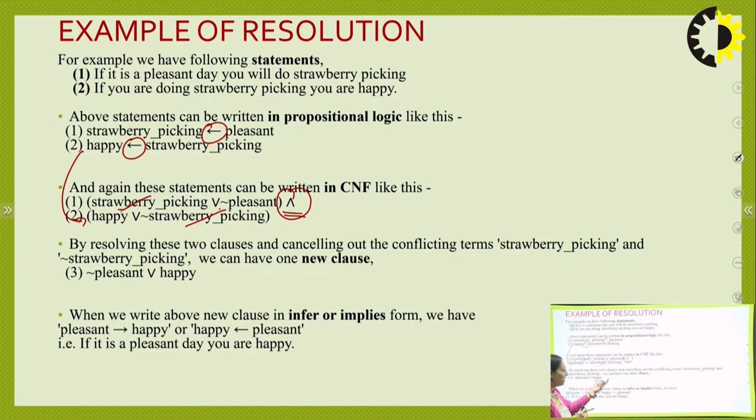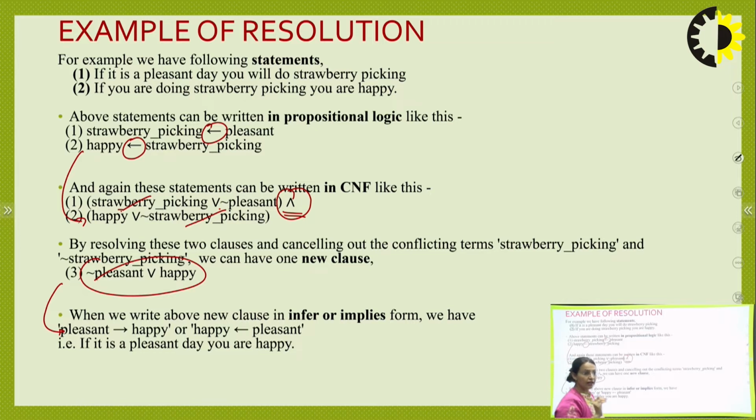So I have a new clause, not pleasant or happy. Because this is the proof of a statement, it will finally be written as pleasant implies happy. That simply means if it is a pleasant day, you are happy. So this is how the resolution is done.